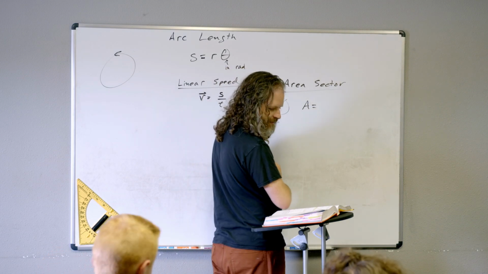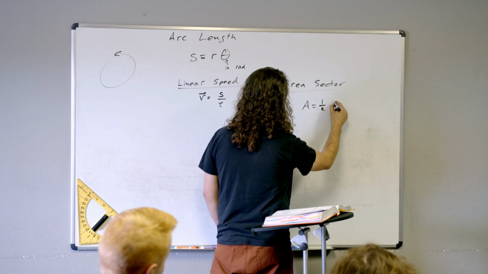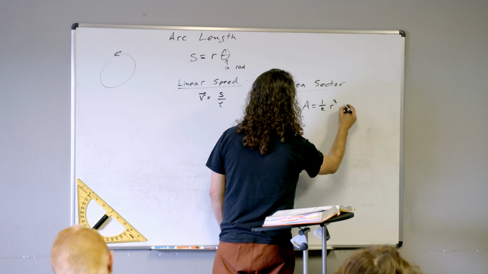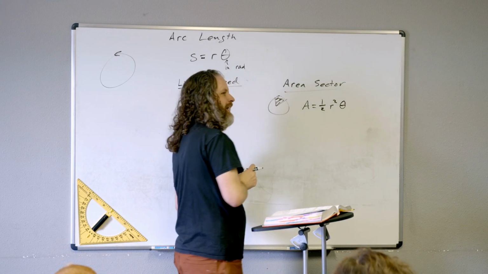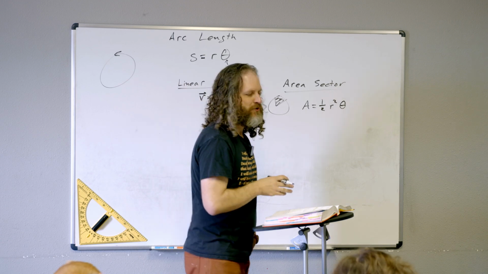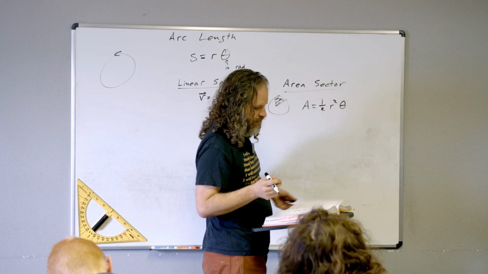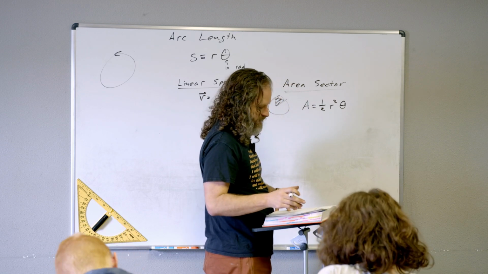The area of a sector is 1/2 r squared times the angle. So it's kind of like the area of a circle and the area of a triangle shoved together with an angle. Oh no, that's it. I thought there was one more formula, but that is it.